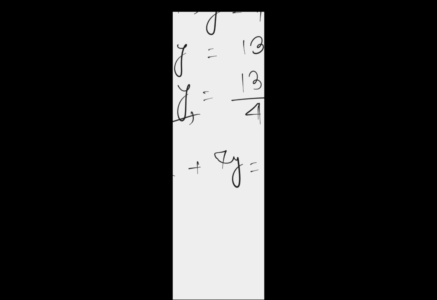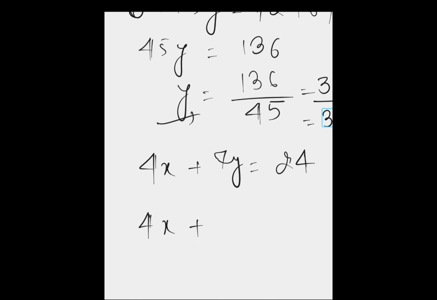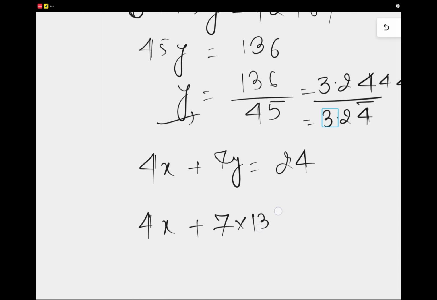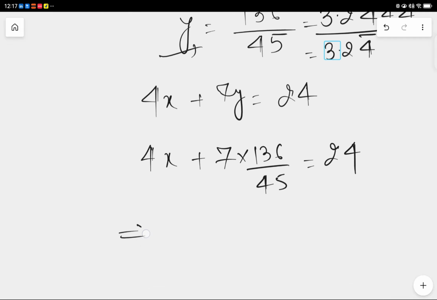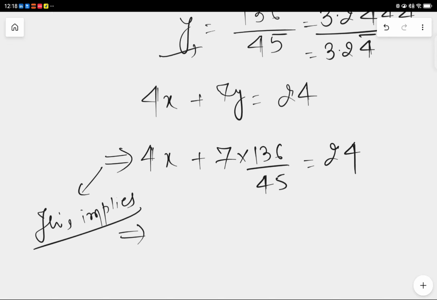Substitute the value of y, and you get 7 multiplied by 136 by 45 equal to 24. If you solve this, this sign says this implies. Never forget to keep this sign if you want to fetch marks. If you are doing this in a school, never forget this sign.